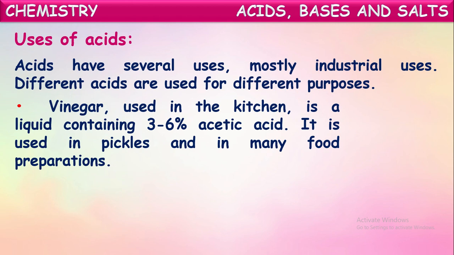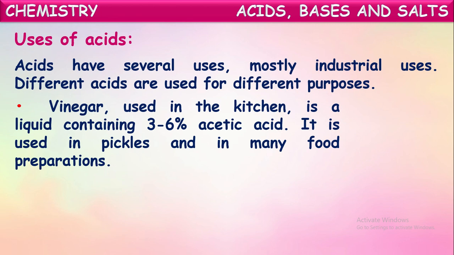If you say vinegar, this vinegar is used in the kitchen. It is one of the acids used for domestic purposes and even in food items. Vinegar is a liquid containing around 3 to 6% of acetic acid, means a very small quantity. We say this is a dilute acid. It contains acetic acid with water.